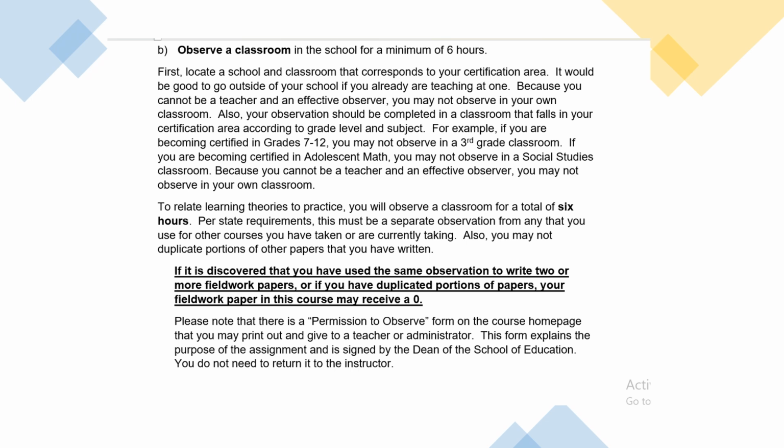Sometimes students try to do more than that and the paper becomes very choppy. You may not use the same observation to write two or more fieldwork papers. So if you want to try to double up and do double duty, you're probably not going to be able to do that because we do put these papers through Safe Assign and it catches the duplication. So make sure you're doing the 6 hours for this class separate from any other observation you're doing.